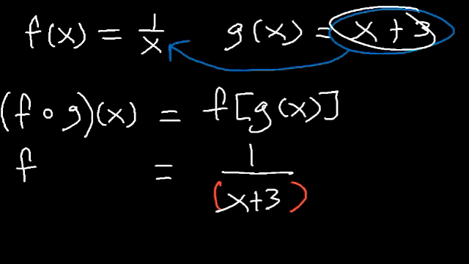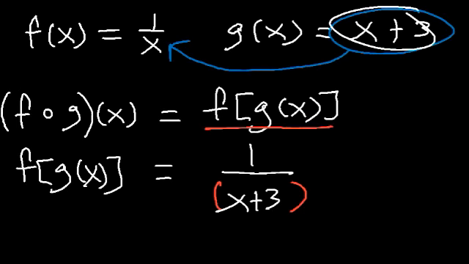Now that we have the composite function, what is the domain of the composite function? What you need to realize when looking for the domain of the composite function is that the domain is restricted by the domain of the input function, not the output function. So in this particular example, we said that g is the input function and f is the output function.